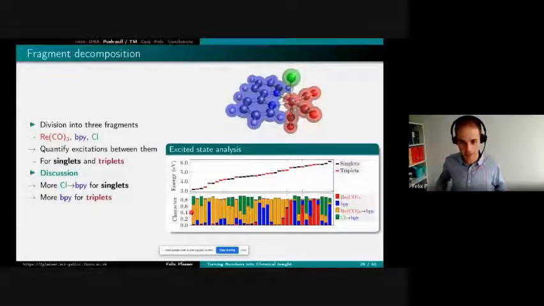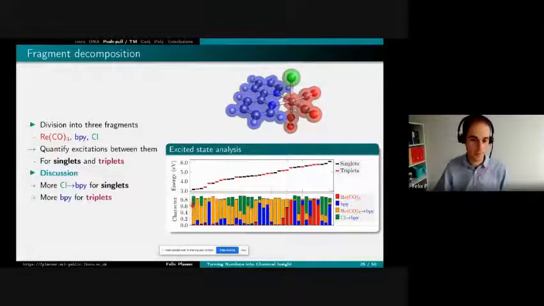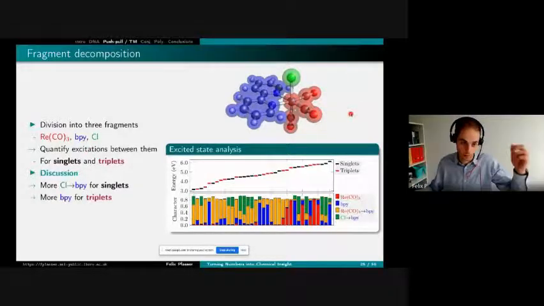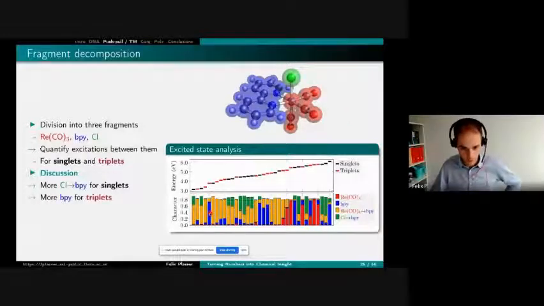I don't want to talk too much about the chemistry here, but the point is, for example, we see that the green bits are the chlorine states, and only the singlets have green bits. So apparently we get low energy chlorine states only because of exchange repulsion. On the other hand, if we look at the blue ones, the local ones, they are mostly triplets.